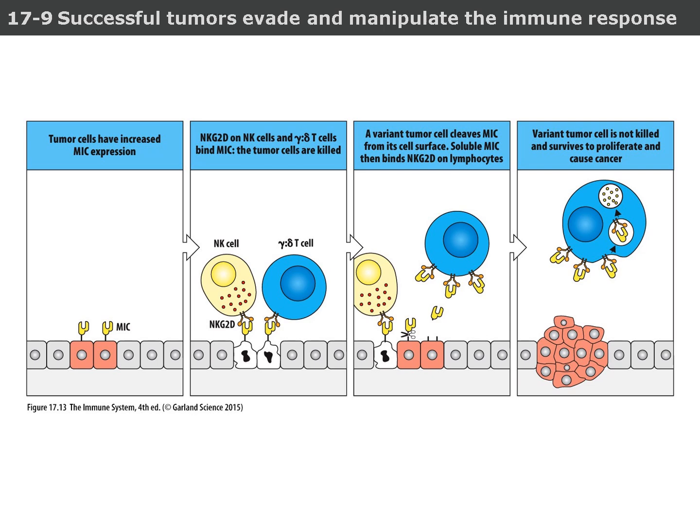However, variant tumor cells can evade this detection by cleaving MYC from their surface. The released soluble MYC binds to NKG2D receptors on lymphocytes, downregulating their activity. As a result, the variant tumor cells escape immune surveillance, survive, and continue to proliferate, ultimately leading to cancer progression.